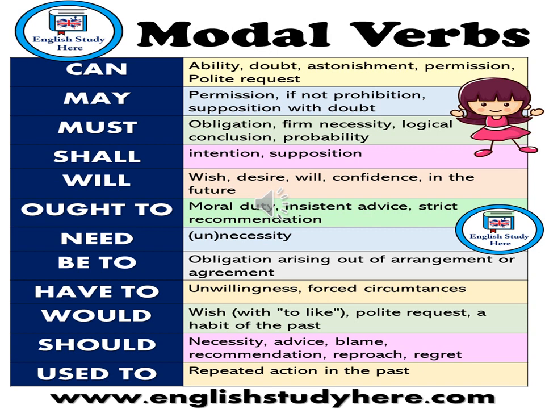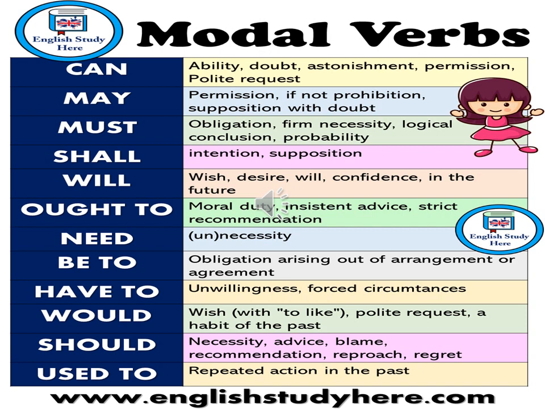It is used in informal situations. May is used to express permission. It is used to express possibility and it expresses good possibility. May is also used to express a wish and may is always used in formal situations.